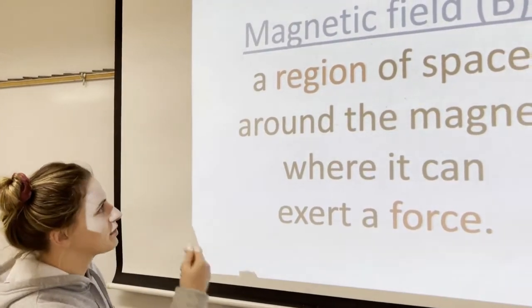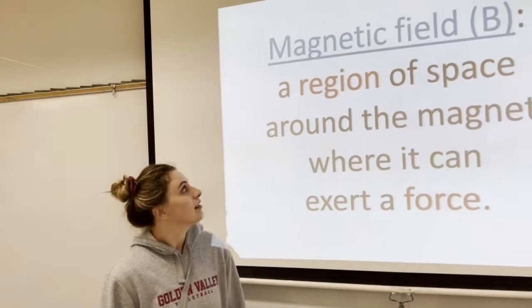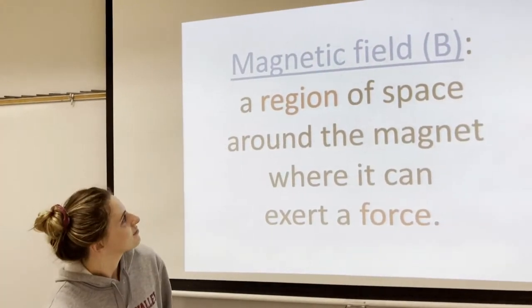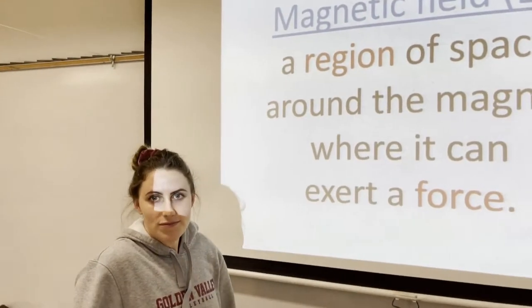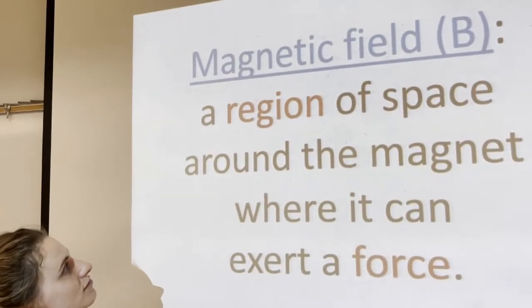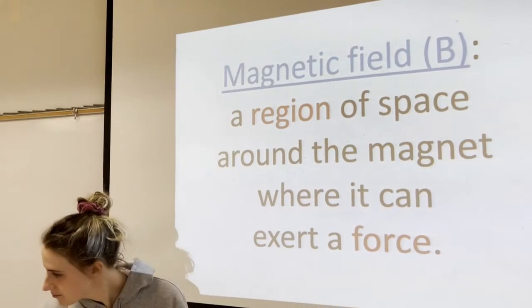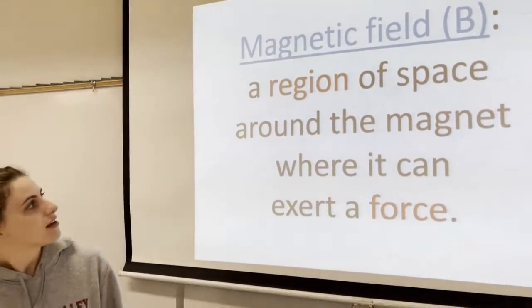So that's a region where the magnet can exert a force. And this idea of the magnetic field explains how forces can be exerted at a distance, because the field around the magnet interacts. We'll get to that more in a minute.